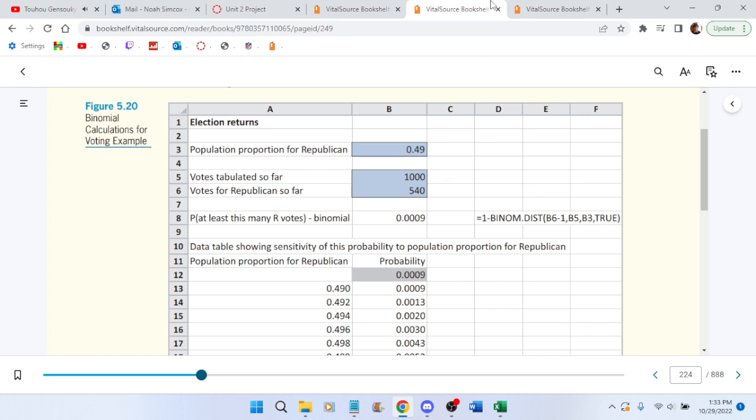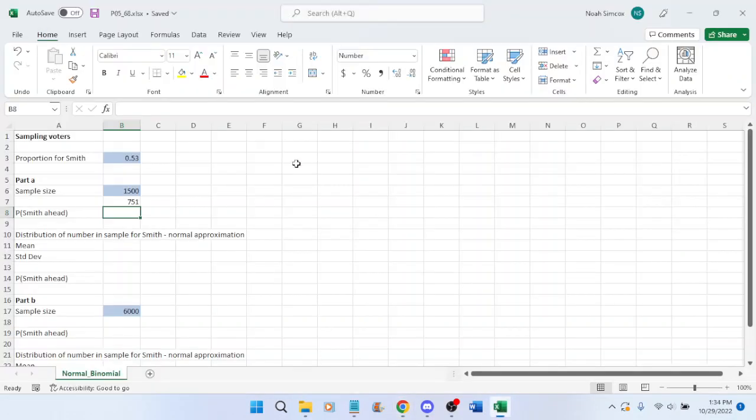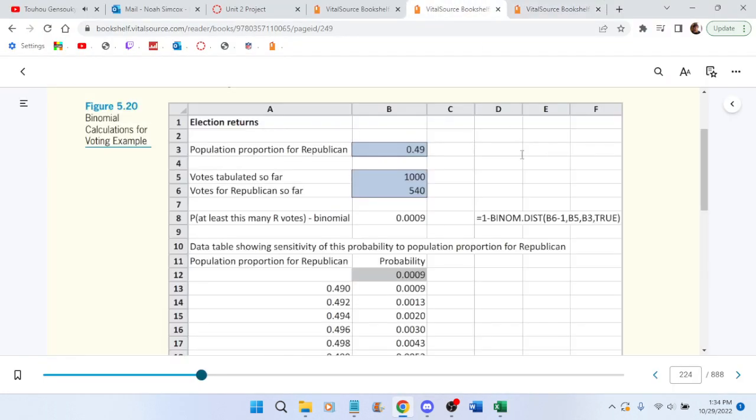If the real result is 53%, what's the probability you get at least 751? These are exactly analogous right now. Exactly.